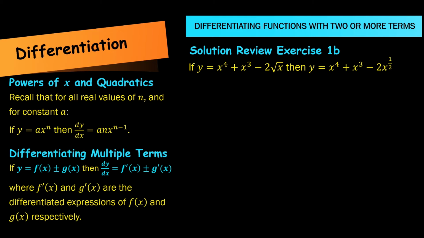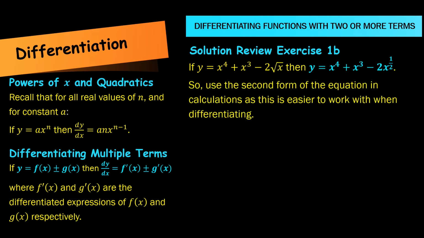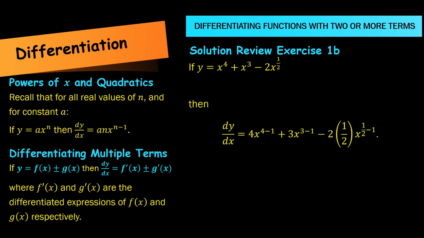If we have y equals x to the power 4 plus x cubed minus 2 root x, we can rewrite 2 root x as 2x to the power half as shown. So, use the second form of the equation in our calculations, as this is easier to work with when differentiating. So now let's differentiate.